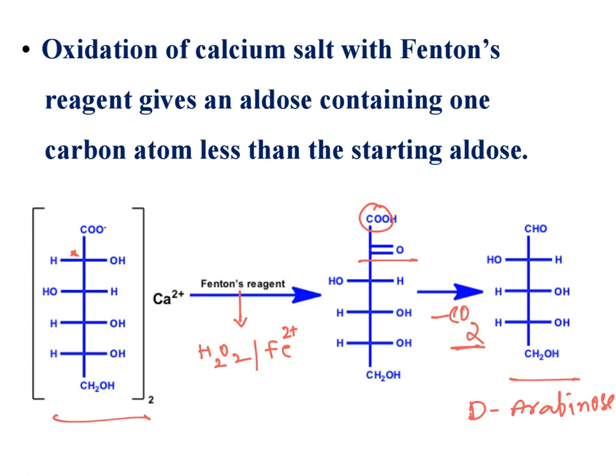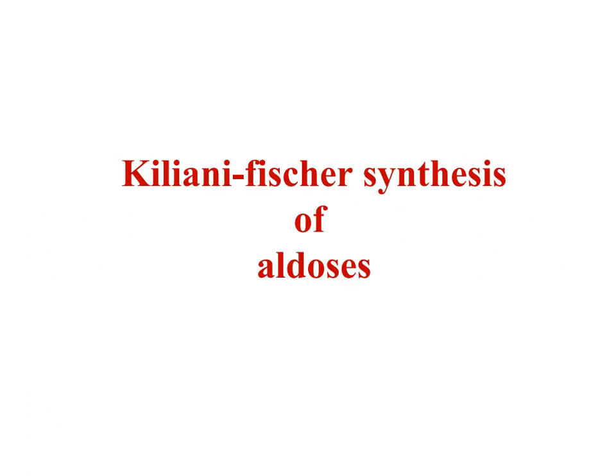Let's move on to the other reaction. In this case we have learned how to decrease the chain length. Next we focus on how to increase chain length in carbohydrate chemistry. The method we use is the Killiani-Fischer synthesis of aldoses.